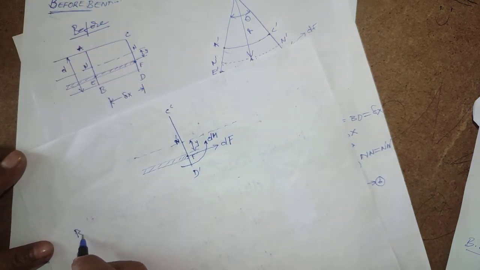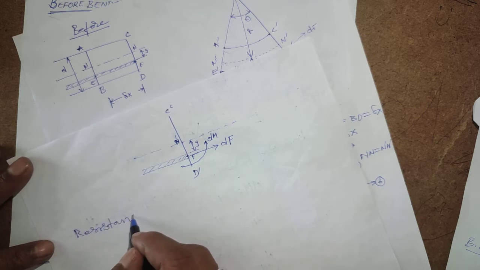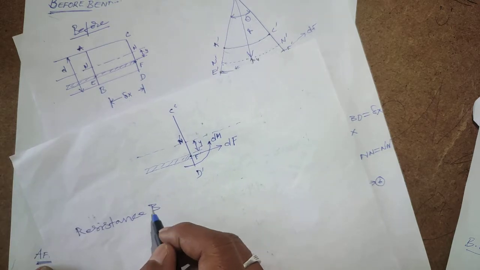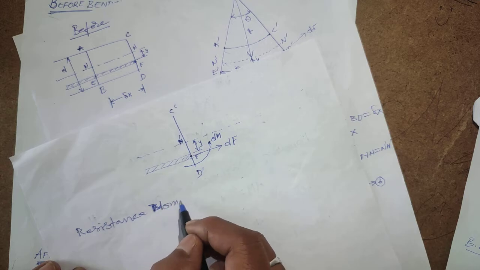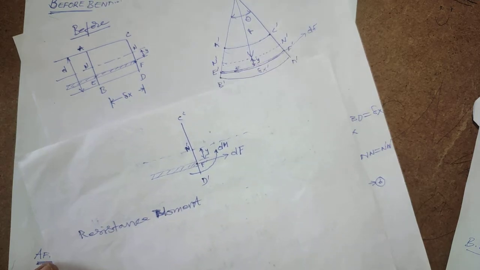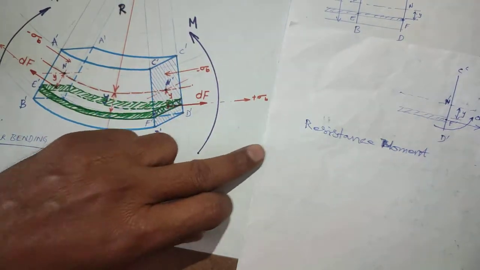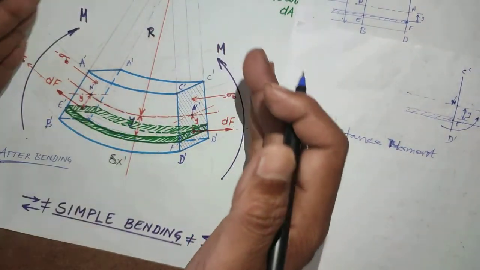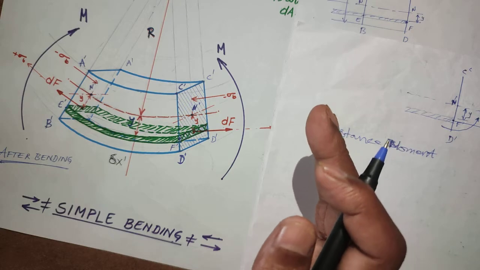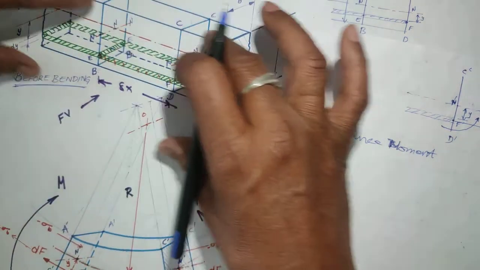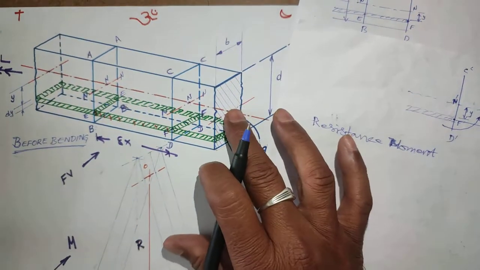That is called resistance bending moment or resistance moment. So actually this is the final total bending moment across this element over this entire beam.